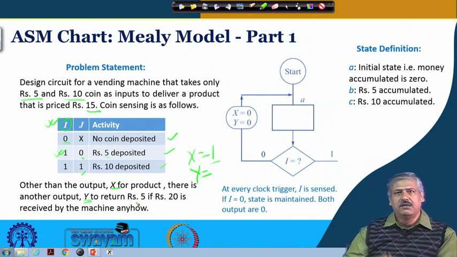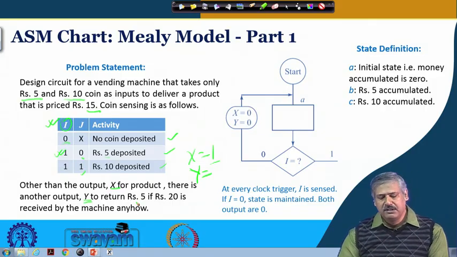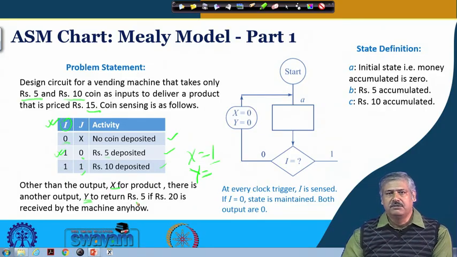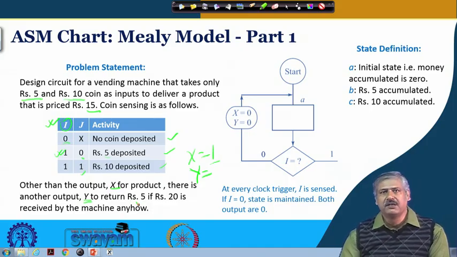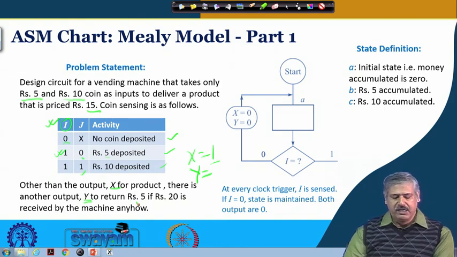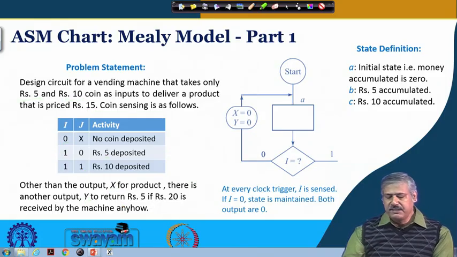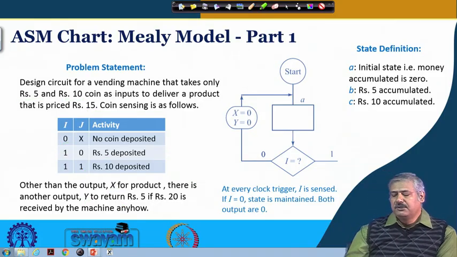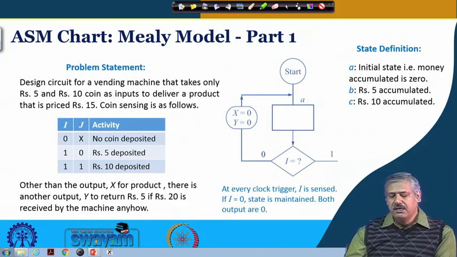So this is the way the machine is to be designed and is expected to work. These are the two inputs, i and j, and the outputs are x and y. Now let us see. We begin with the state definition, and we plan to work out a Mealy model.